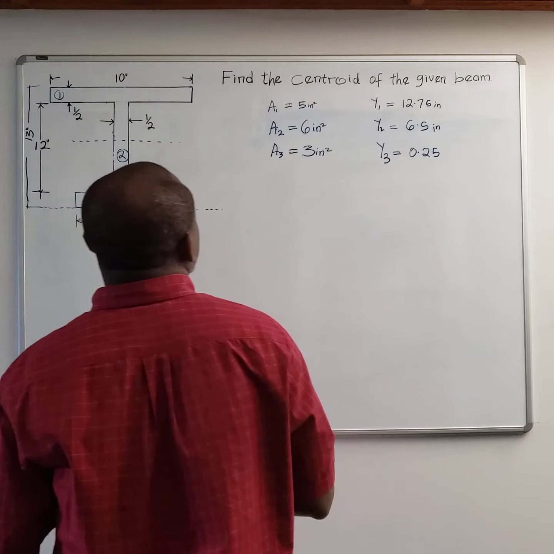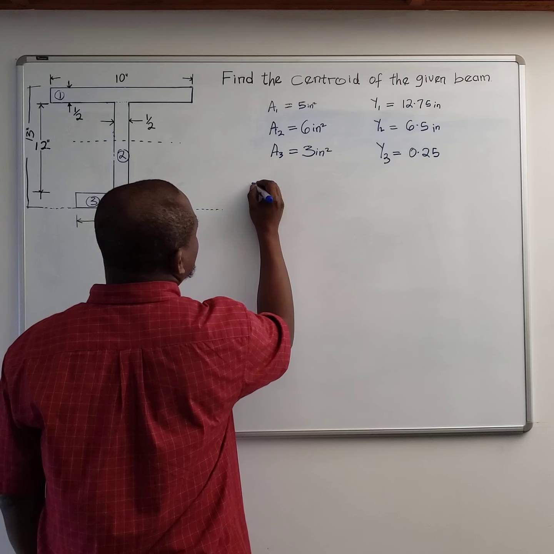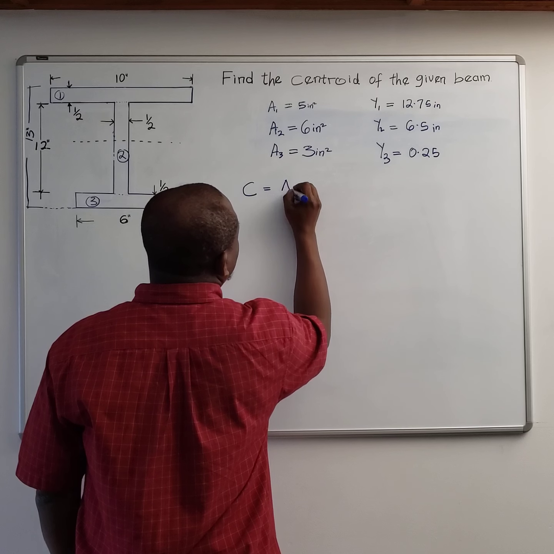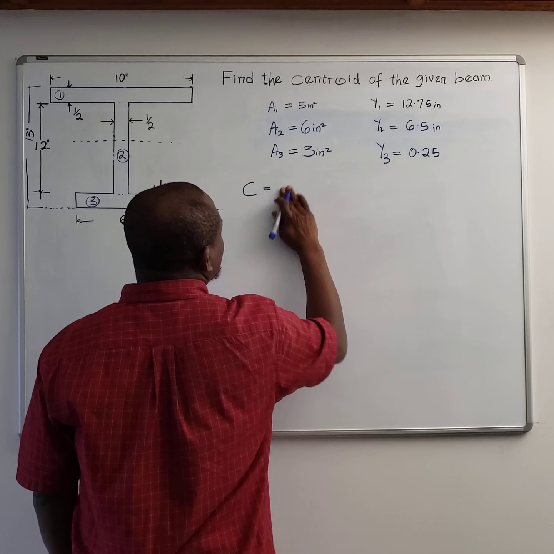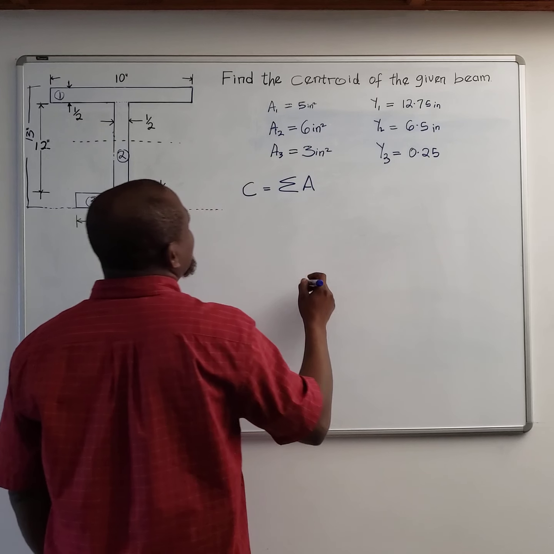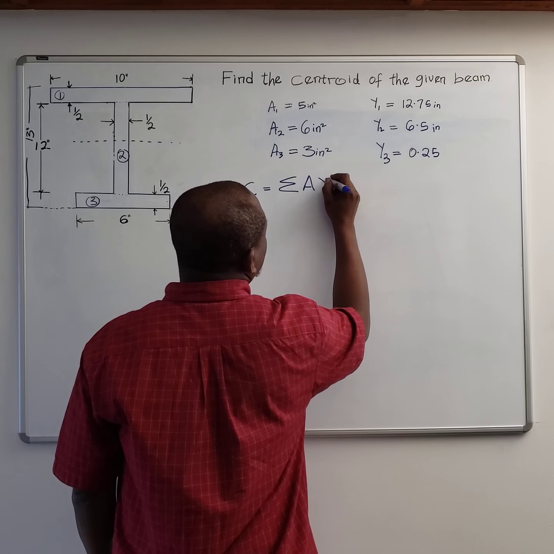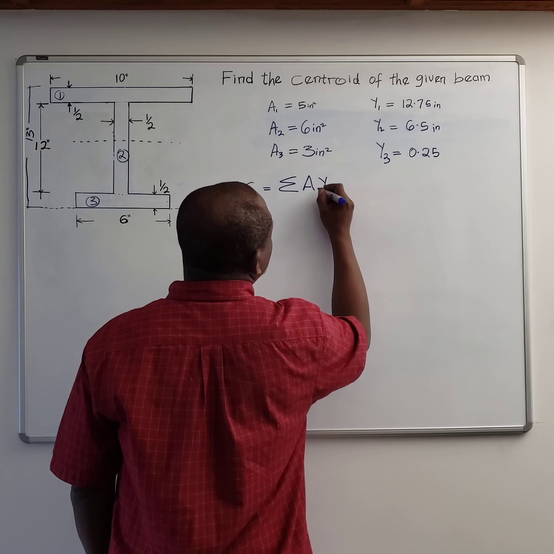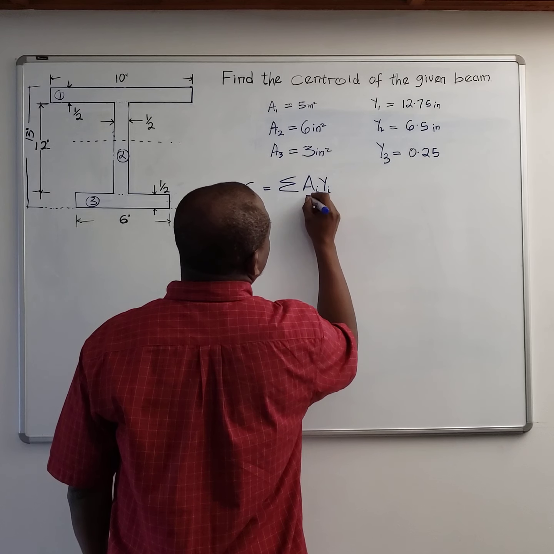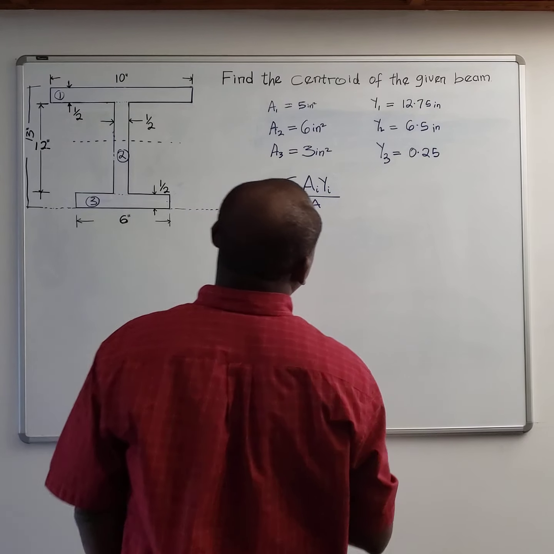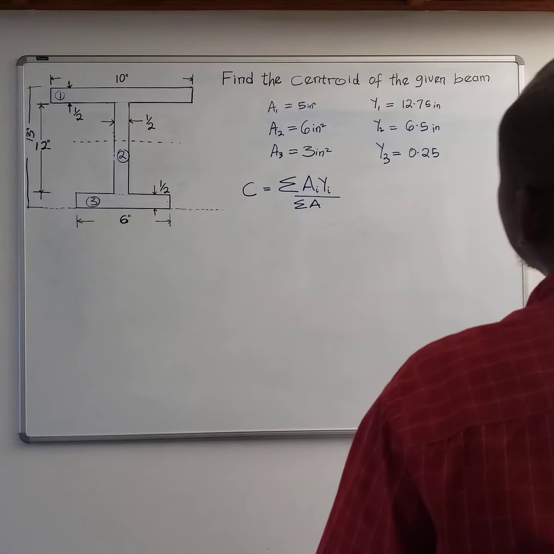All right. Now, to find your centroid, the formula is the sum of the area multiplied by the centroid of each shape, divided by the sum of the area. That's a general formula.